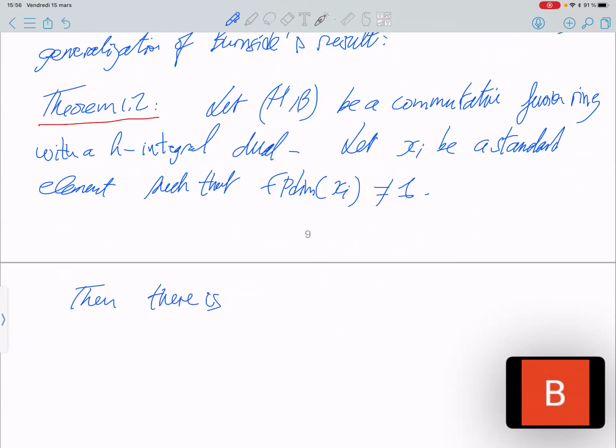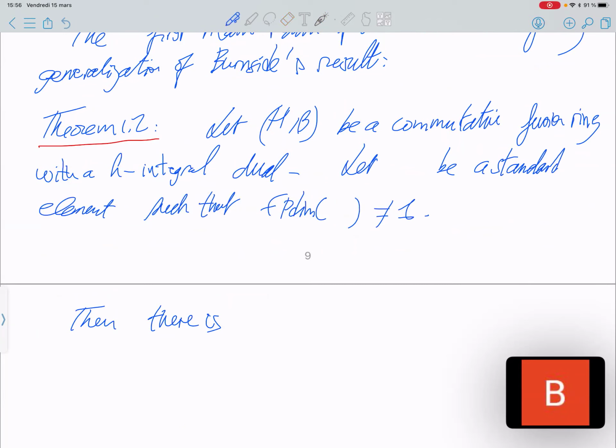There is no point here to write some indices or something like that. Just write, let A be a standard element of beta hat, the set of characters, such that mu A equals 0.